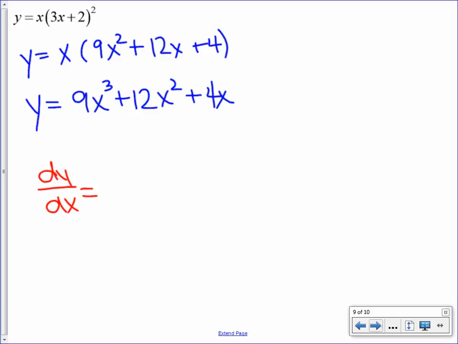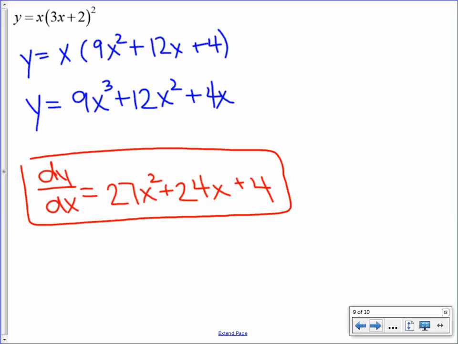Our derivative. The derivative of 9x cubed would be what? 27x squared. The derivative of 12x squared, 24x. And the derivative of 4x, 4. Wait, what? So if we drop the 1 down and then we do 0.